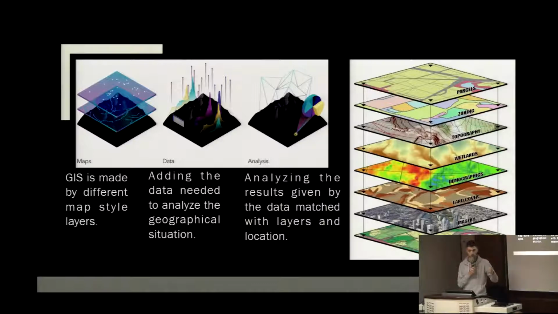So you add your data. Previously, you collect data, and then you add it on the map. And so after you can analyze the different layers on the map with the data, and so it can show you what you really want to know. So it's a very interesting thing.